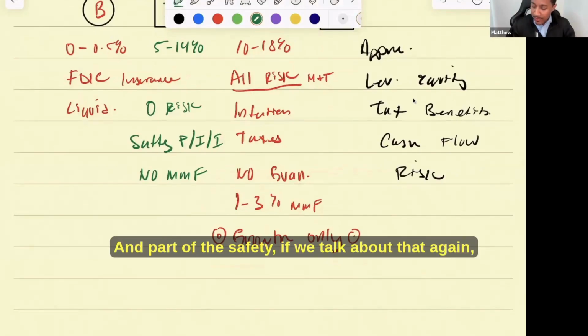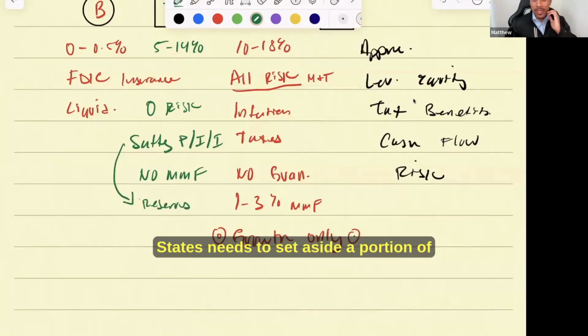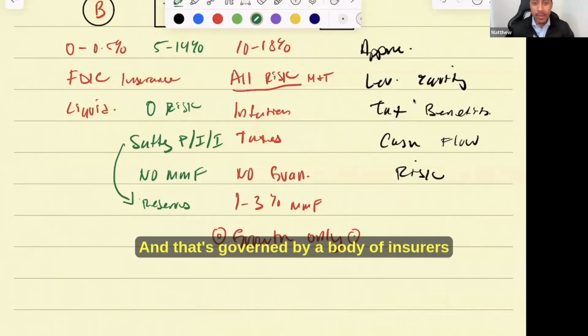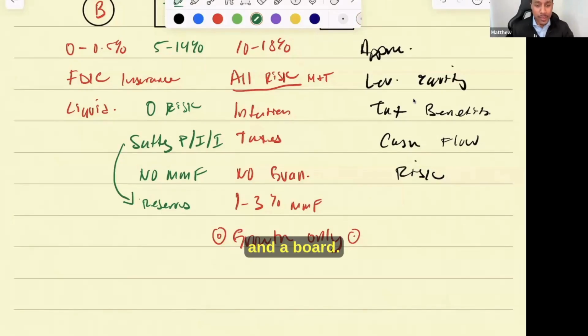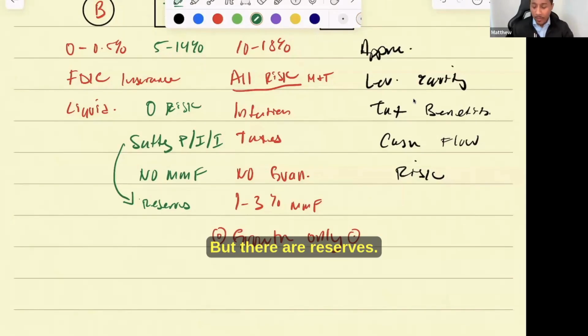Part of the safety is what's called reserves. Every insurance company in the United States needs to set aside a portion of what you put in, and that's governed by a body of insurers and a board. We'll talk about that towards the end, but there are reserves.